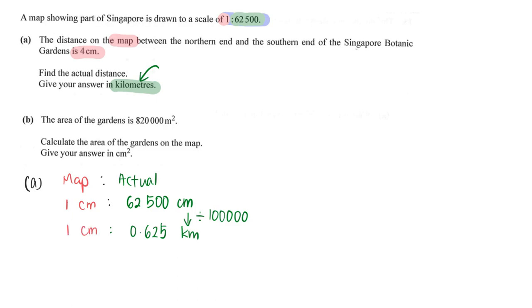And the question now tells me 4 cm. So all I have to do, I multiply by 4. So I also multiply by 4. Final answer, 2.5 kilometer on the map.